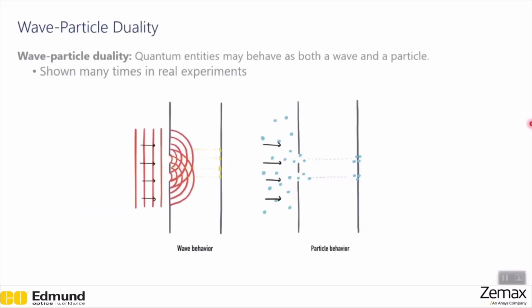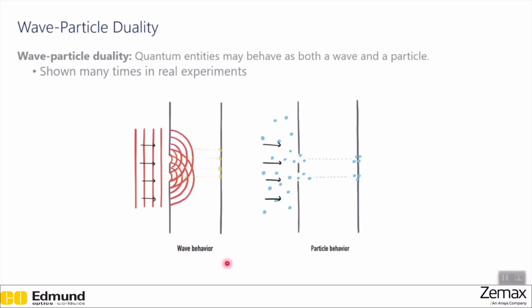Light follows a very interesting phenomenon known as wave-particle duality, which is the idea that all quantum entities may behave as both a wave and a particle. This has actually been shown many times in real-life experiments, but here we have a very simple graphic of what this looks like. If we take a look at the left, here is a demonstration of wave behavior.